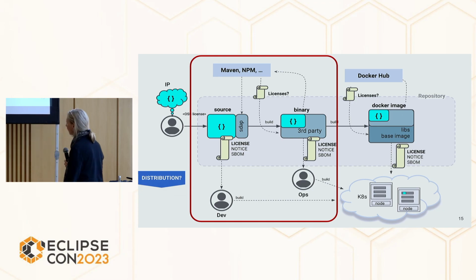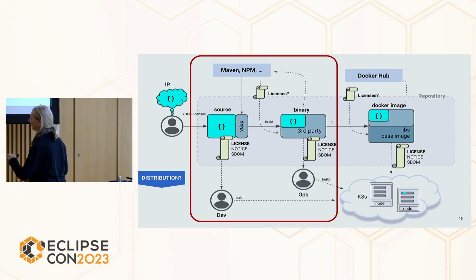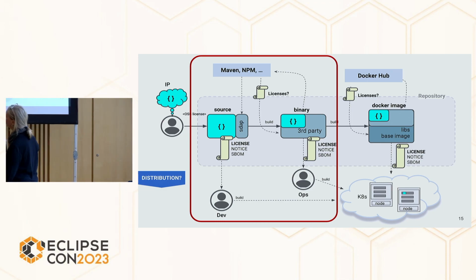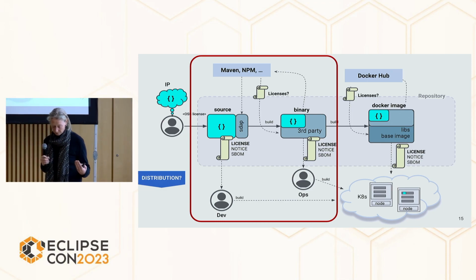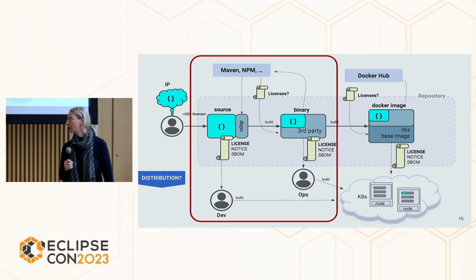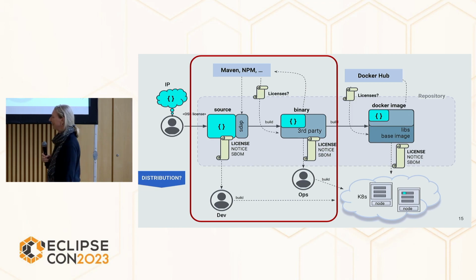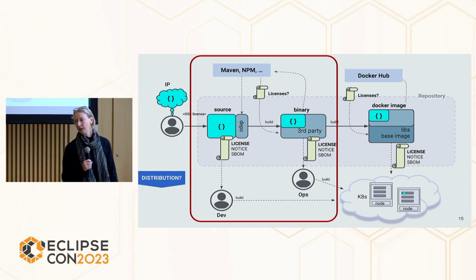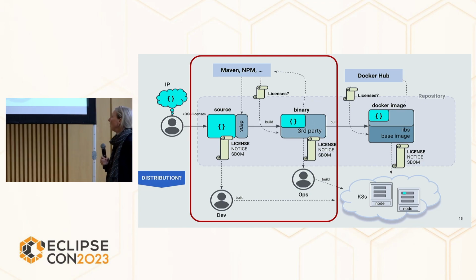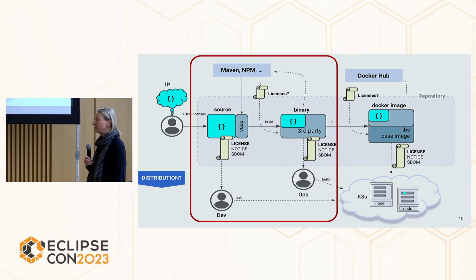So now we have our code in our repository. We have processes established for license notice and generating our SBOMs. And now we are building it. So we are building artifacts. In the artifacts, we are now putting all libraries directly in.